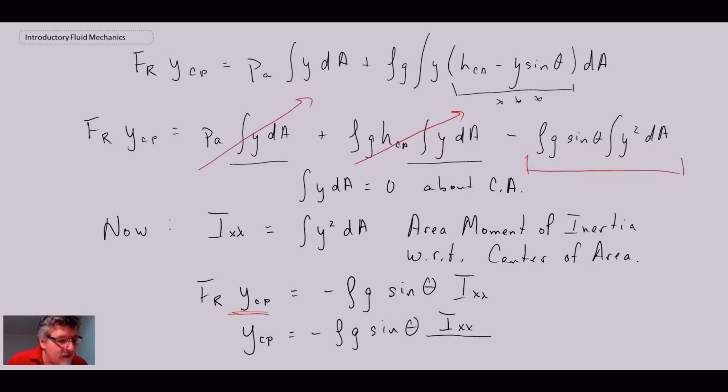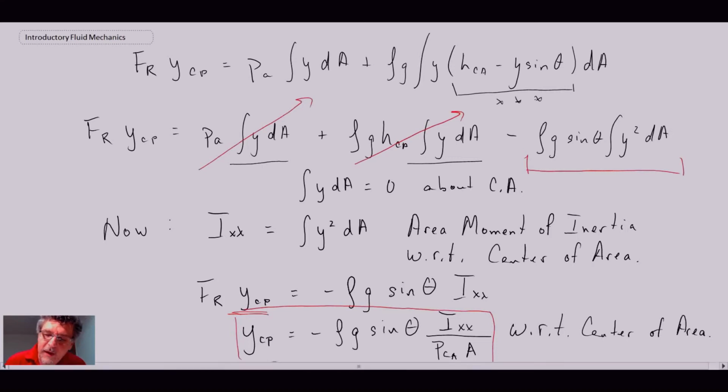Ixx is being divided by the resultant force, and if you look back in the last lecture segment, that was equal to the pressure at the center of area multiplied by the area of the plate. Consequently, this becomes the y coordinate of the center of pressure with respect to the center of area of the plate. So that's the y coordinate.